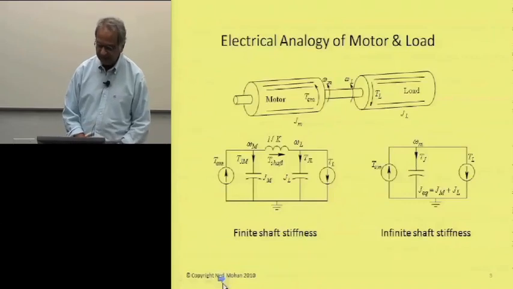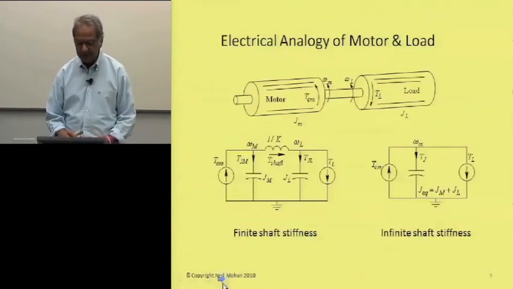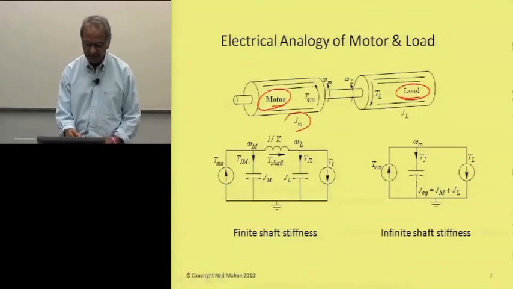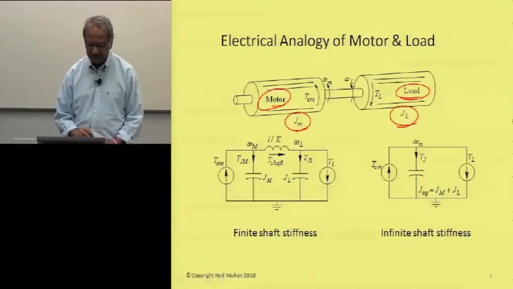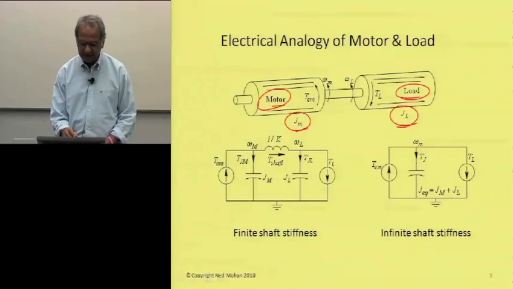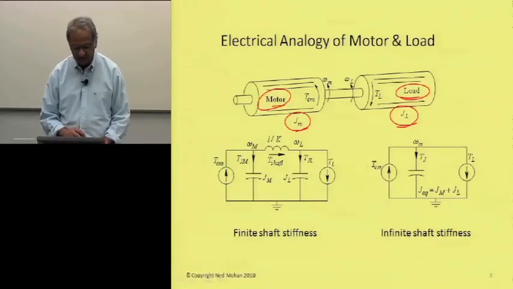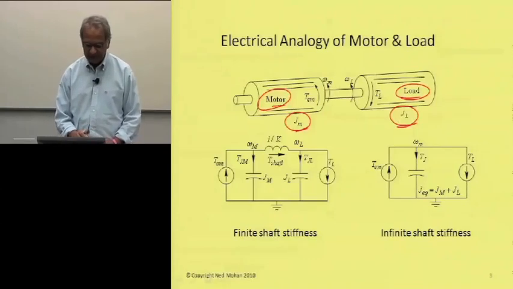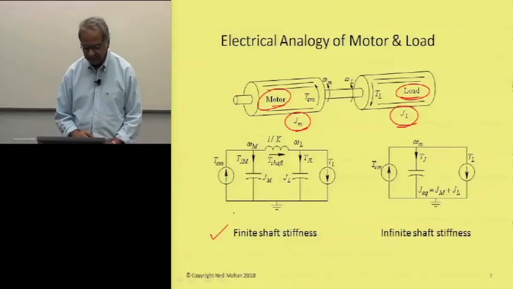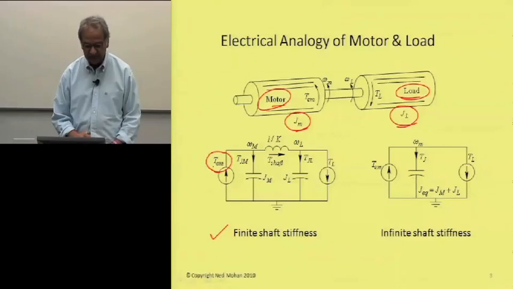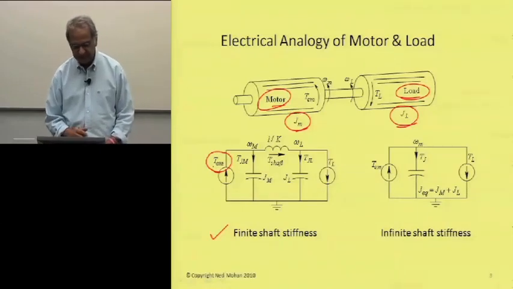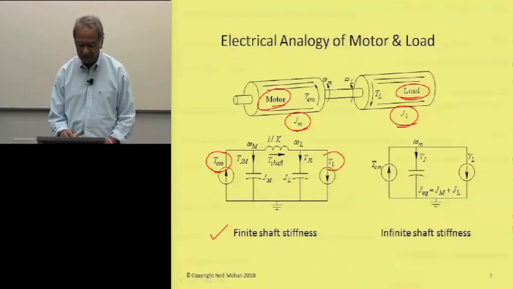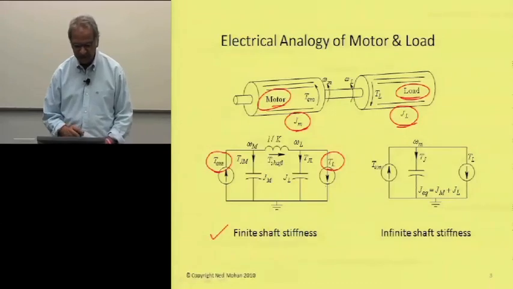Again, let's look at a very simple system where a motor is driving this load, and the moments of inertia of the motor and of that load are given. Let's say that this shaft is not infinitely stiff. In that case we will have this electrical circuit, where the electromechanical torque coming in is represented by a current source, and the load torque by another current source in the opposite direction.